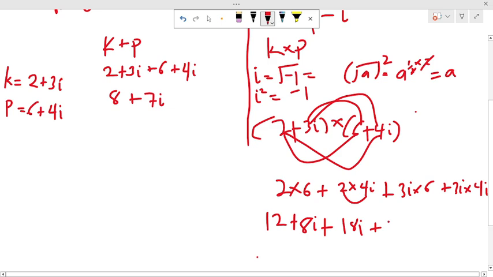So we get 12 multiplied by i squared. But we already know that i squared is equal to negative 1.